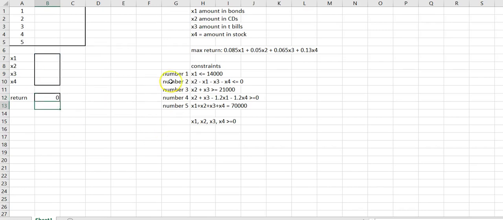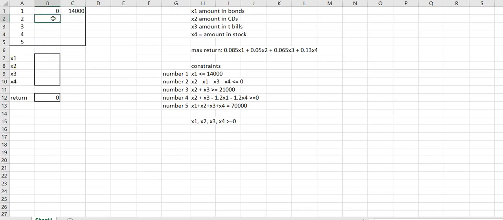Instead of labeling it with words, because all those words were pretty long, I'm just labeling these constraints number 1, 2, 3, 4, 5 to match 1, 2, 3, 4, 5 up here in A1. Okay, X1 equals B7, and X1 needs to be less than or equal to 14,000.